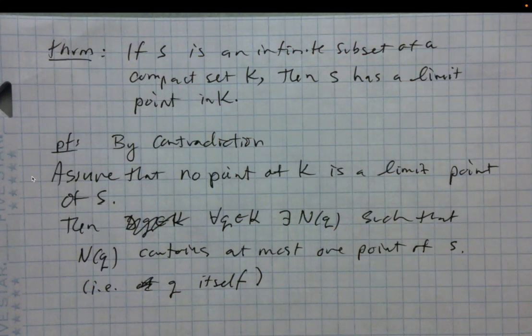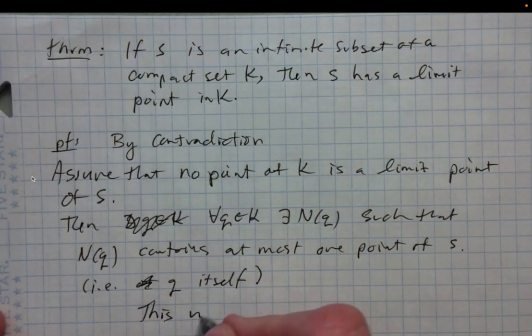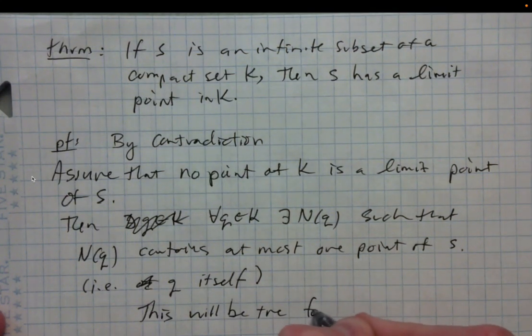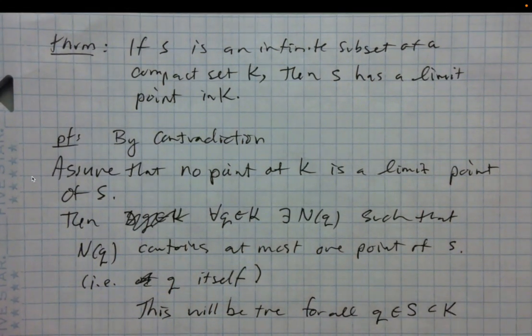So if no point of K is a limit point of S, then for all the Q in K, I can come up with some tiny epsilon neighborhood that contains only Q. And this is going to be true for all of the Q in S.